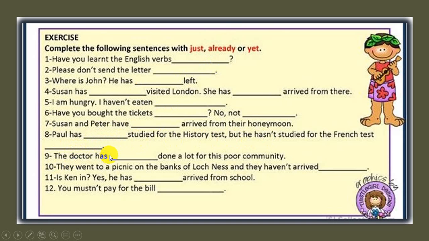Number 9, the doctor has space done a lot for this poor community. Very good. The doctor has already done a lot for this community. Number 10, they went to a picnic on the banks of Loch Ness and they haven't arrived.